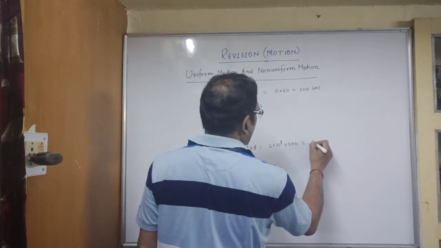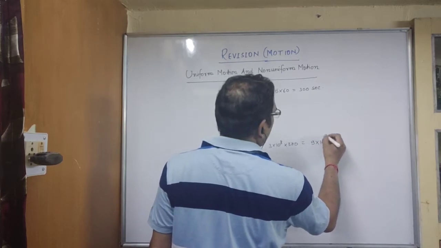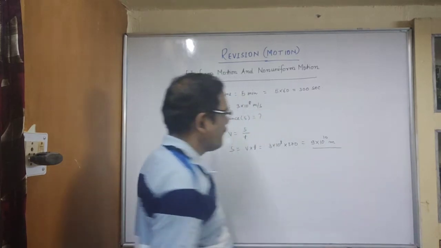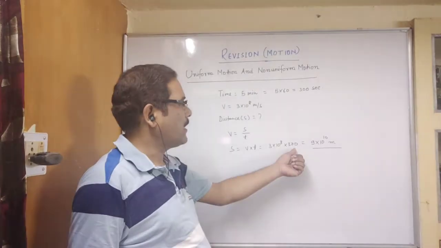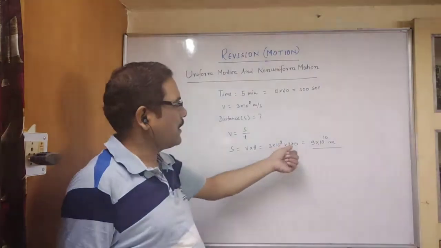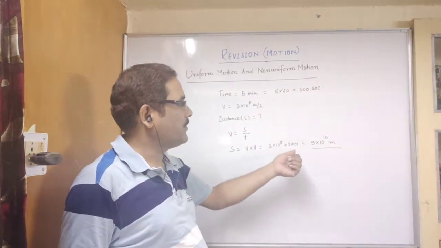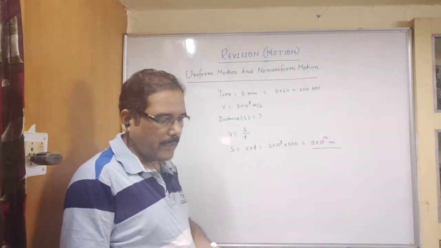So this can be written as 9 into 10 to the power 10 meter. Since 3 into 3 is 9, 100 can be written as 10 square. So 10 to the power 8 into 10 to the power 2. If you add the powers, it will be 9 into 10 to the power 10.